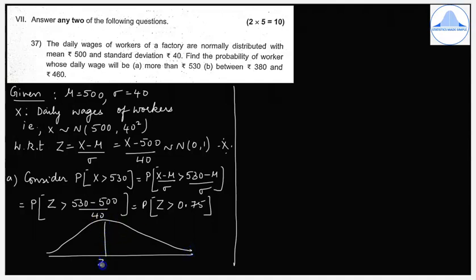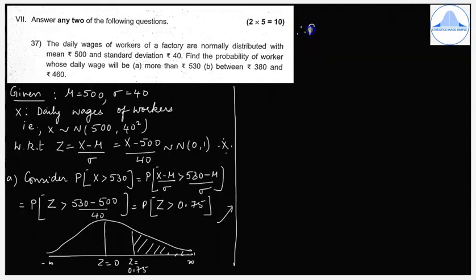So next you can draw the standard normal curve. The center line is z equal to 0. Then mark minus infinity and infinity. 0.75 is positive, so mark it on the right tail of the curve. So greater than 0.75 means you have to shade from 0.75 to infinity. Whatever area you have shaded, you write it inwards.